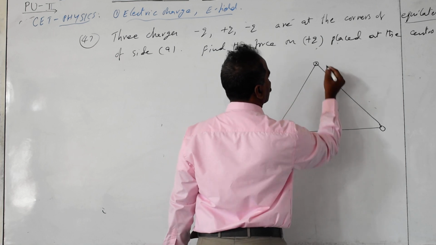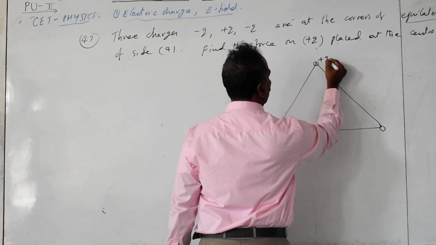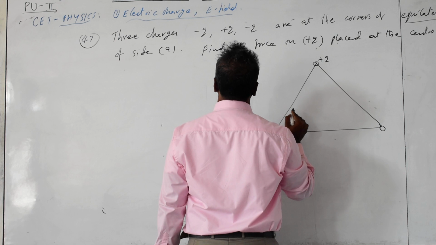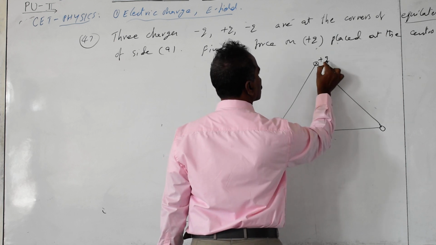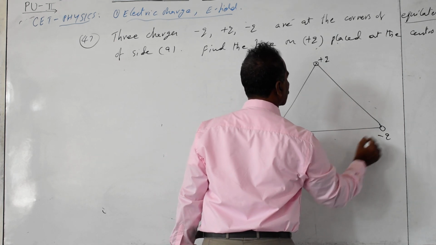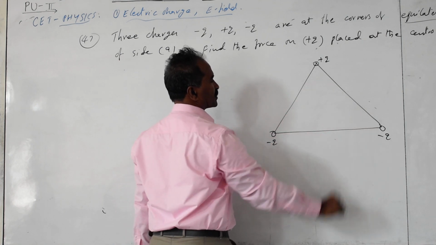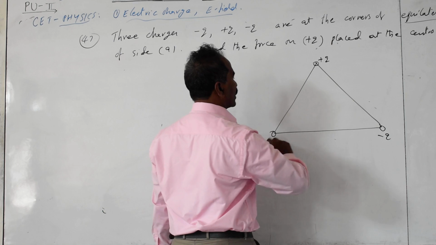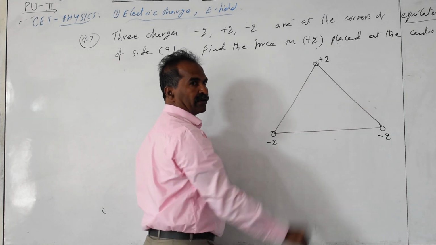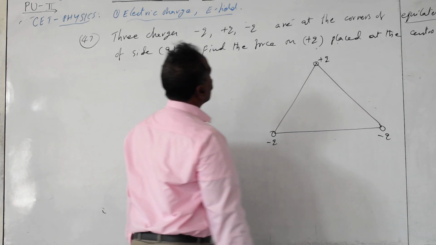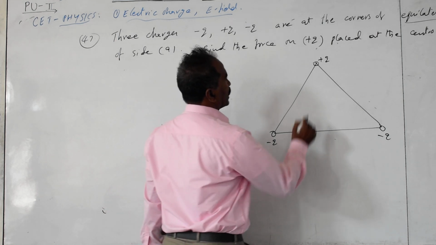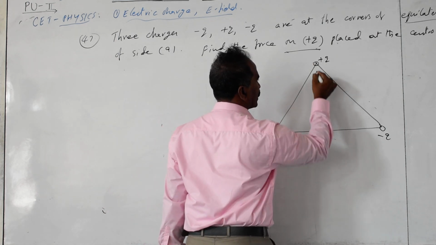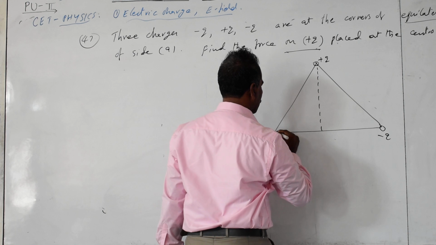You can take any order of your choice, but keep a particular order, either clockwise or anti-clockwise. But you are putting another charge. Another charge is kept at the centroid.